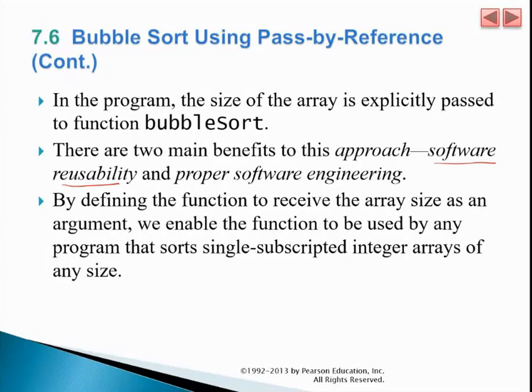So this is called software reusability, right? Once you make a program of sorting, then no need to make it again and again. You can reuse this particular function, you can call it whenever needed in your entire software development phase. So this is software reusability, and there is proper software engineering, because we are making a module, we have tested that module properly and all these things.